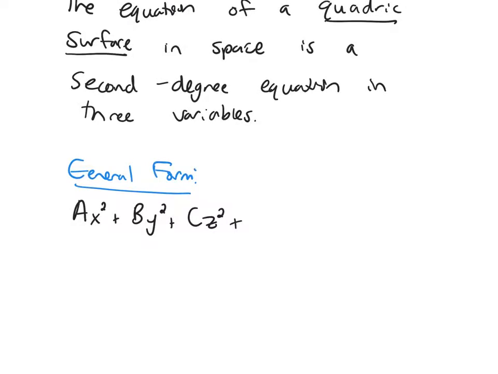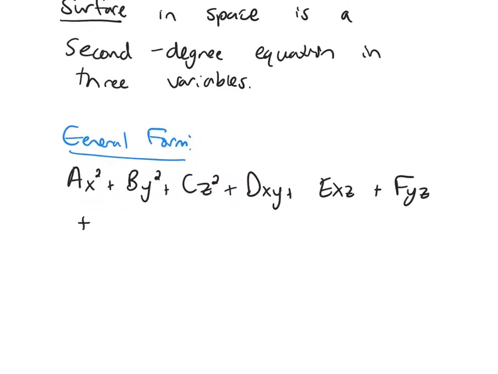So for example, dxy, exz, fyz, plus, and then that's all of our degree 2 terms. Now we can have degree 1, gx plus hy plus iz plus j equals 0.